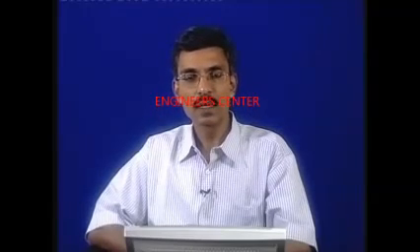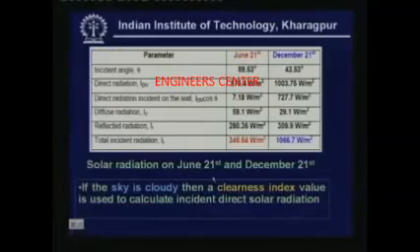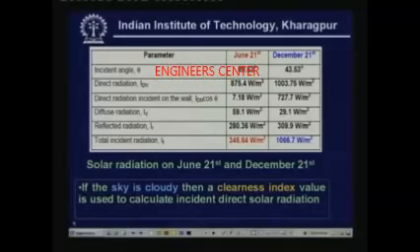Now let me show a table where the solar radiation results for June 21st and December 21st are given. This table shows the comparison between June 21st and December 21st. On June 21st, you find that the incidence angle is 89.53, whereas for December 21st it is 43.53. The direct radiation I_Dn is 875.4 watt per meter square in case of June 21st, and it is 1003.75 in case of December.